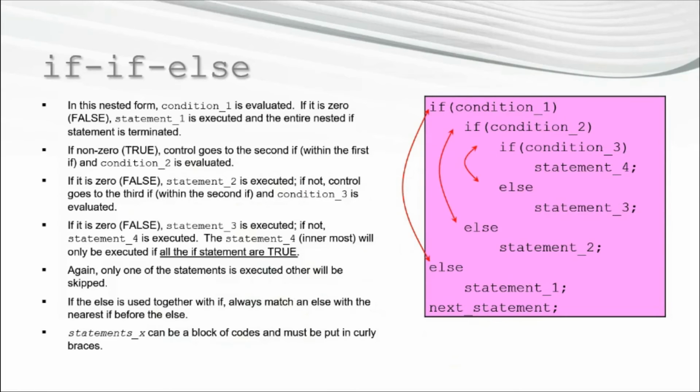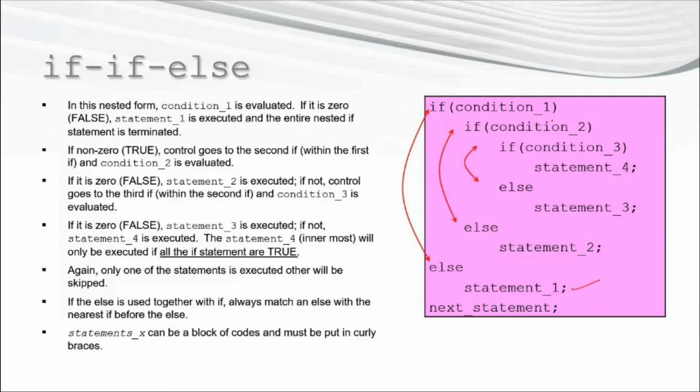If it is non-zero, that is true, then control goes to the second if, and condition 2 is evaluated. If this condition is false, statement 2 is executed, and once it is executed, control goes to the next statement.